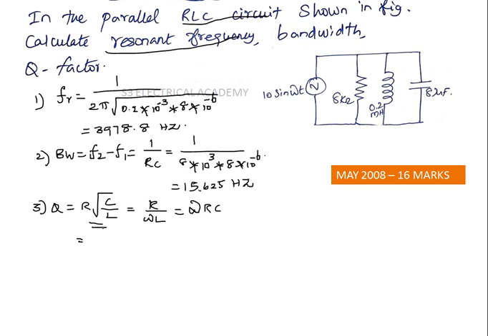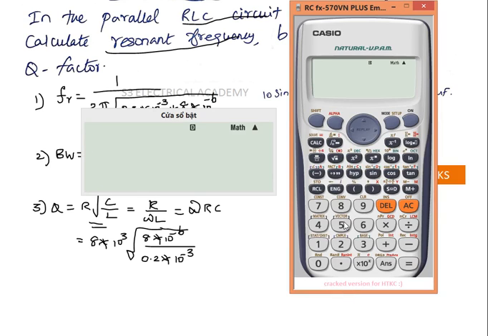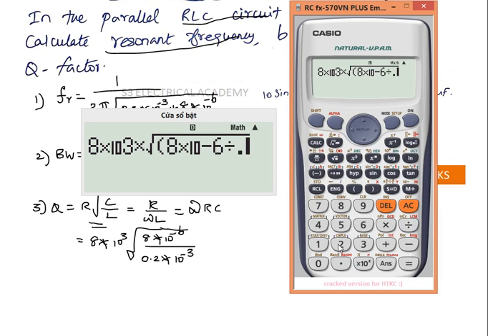I will use R into root of C by L, that is 8 into 10 power 3 into root of C value 8 microfarad divided by L value 0.2 into 10 power minus 3 henry. 8 into 10 power 3 multiplied by root of numerator 8 into 10 power minus 6 divided by denominator 0.2 into 10 power minus 3, which is equal to 1600. That is nothing but the quality factor of this circuit.